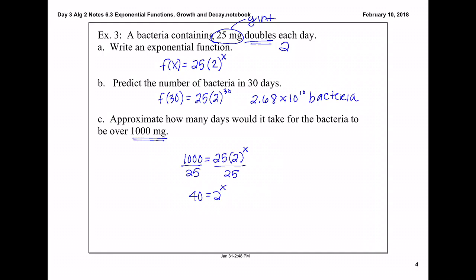To get rid of an x power, we would have to take the xth root of 40 would equal 2. And I am just not sure at this point how to solve this. There has to be another method.